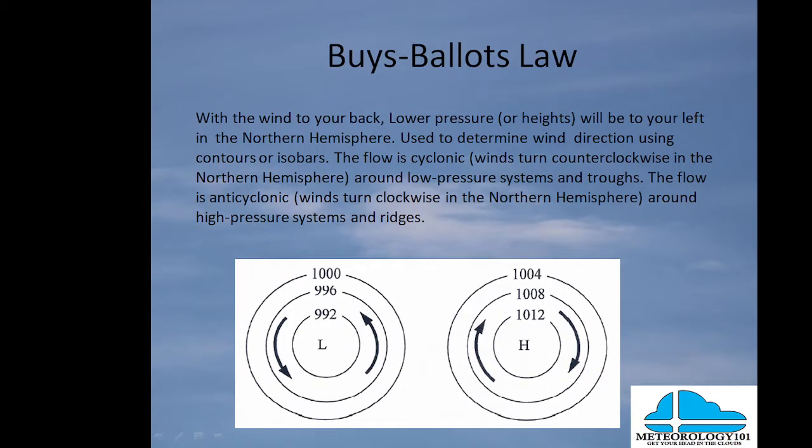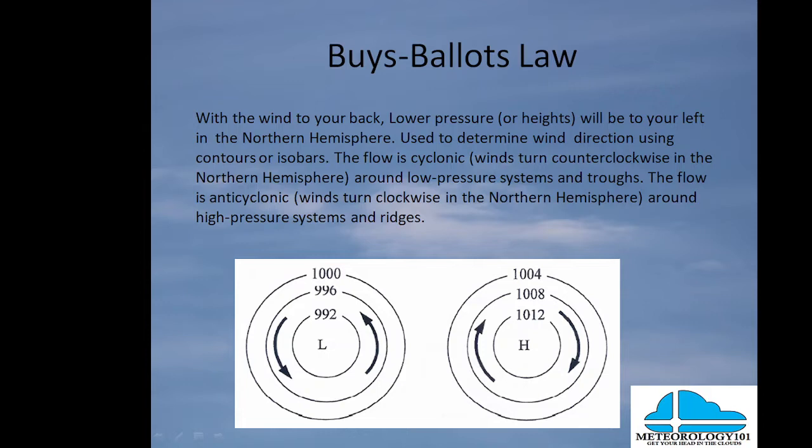Buys-Ballot's law: with the wind to your back, low pressure is going to be to your left, and that is in the northern hemisphere. So that's usually how you determine wind direction using contours, isobars. You just stand outside, put the wind to your back, and you know the low pressure's to your left.